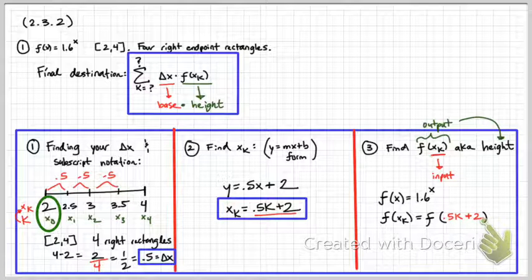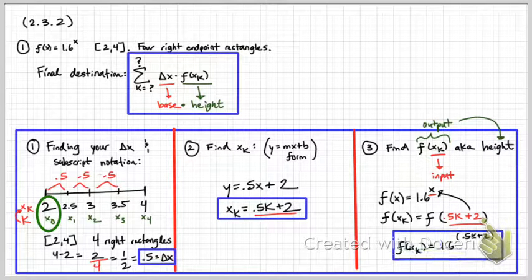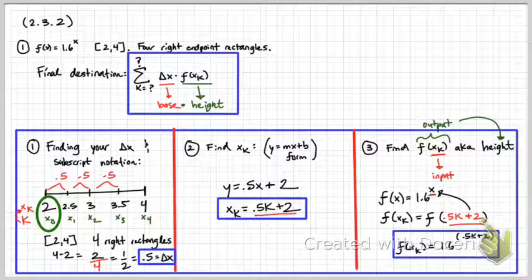Now if we have f of 0.5k plus 2, we're going to literally input this into our equation, because that's my new input. It's representing my changing x. f of x of k will equal 1.6 to the power of 0.5k plus 2, which is now representative of my height.